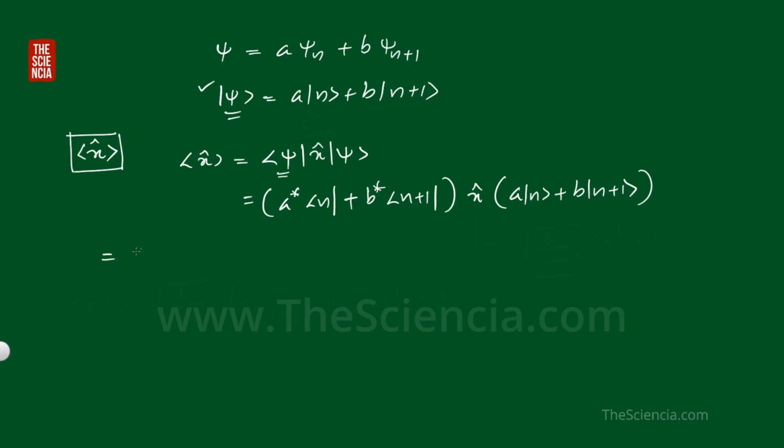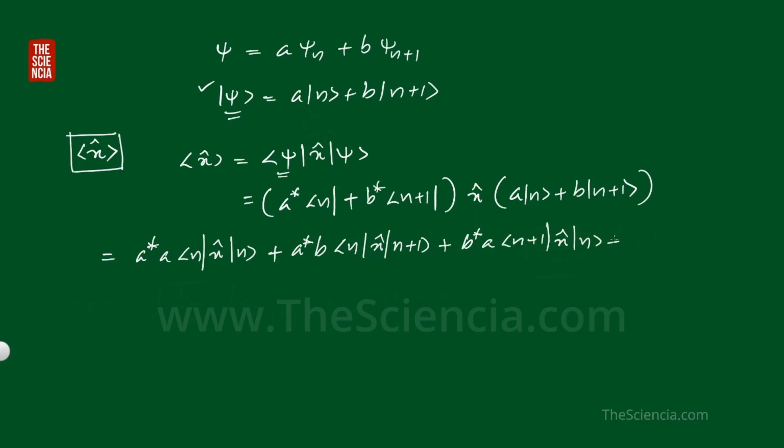That is equal to a star a bra n x cap ket n plus a star b bra n x cap ket n plus 1 plus b star a bra n plus 1 x cap ket n plus b star b bra n plus 1 x cap ket n plus 1.